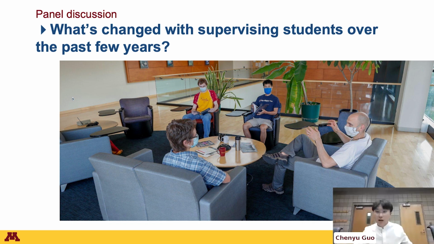For sure. This is Chenyu speaking. To answer this question, I think the elephant in the room is that we just went through a pandemic that made a huge disruption to not just society, but the entire higher education and education industry in general. So for me, what I have seen is that, well, there are a couple of things.